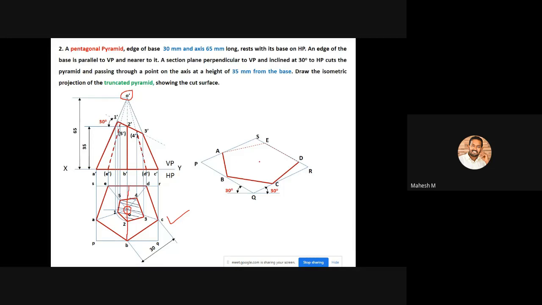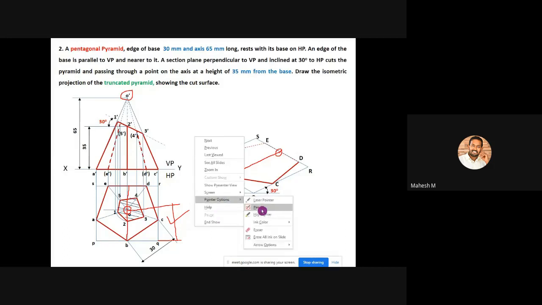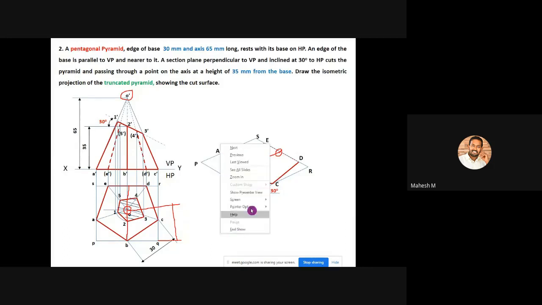So you can mark a point on this edge called R to S, exactly at the center. Then you can join this center point with the point called B. Then you can measure the distance of O point towards this B point, measure this particular distance with your compass and create an arc on this.